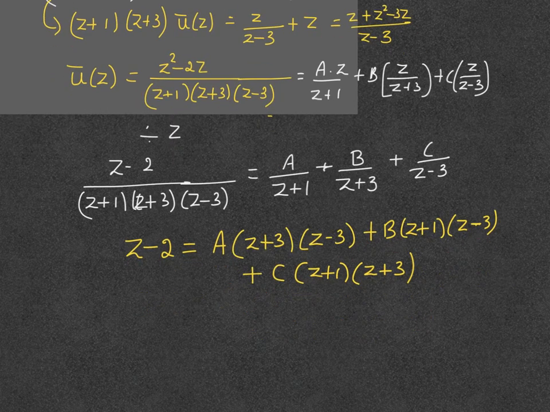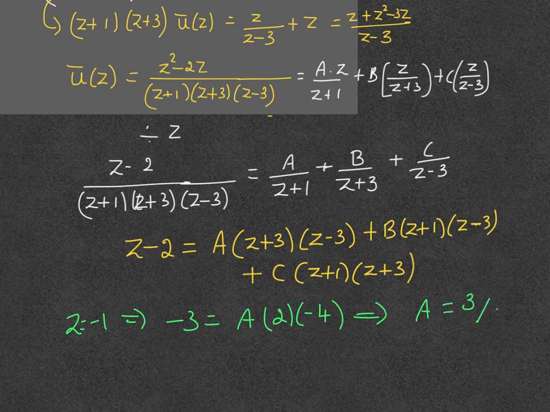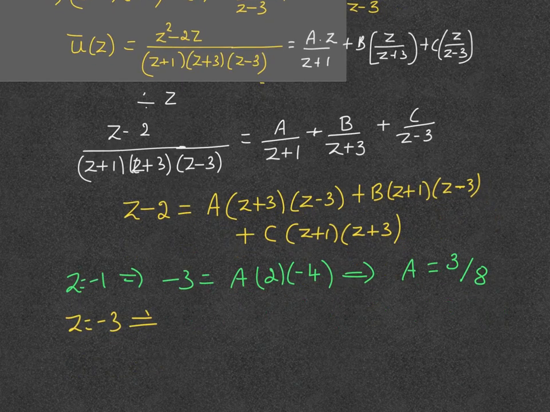So substituting z is minus 1, we get minus 3 is equal to A into minus 1, we get like this, remaining becomes 0. So we get that A is 3 by 8. Next, substituting z is minus 3, we get minus 3 minus 2 on the left, minus 5. Minus 3 gives first and last 0.